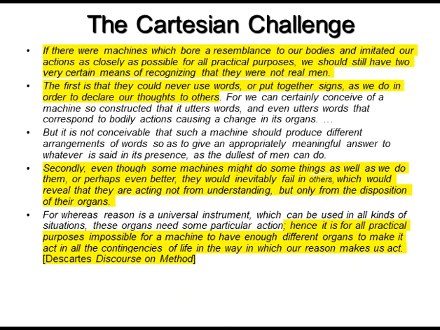Hence, it is for all practical purposes impossible for a machine to have enough different organs or ideas or programs to make it act in all contingencies of life the way in which our reason makes us act. So those were Descartes' ideas, his challenge to the notion of whether we could create some machine that could actually think.